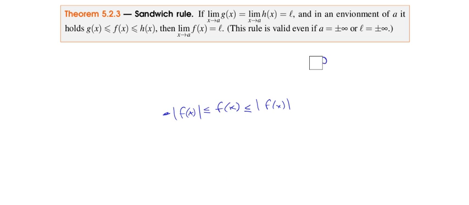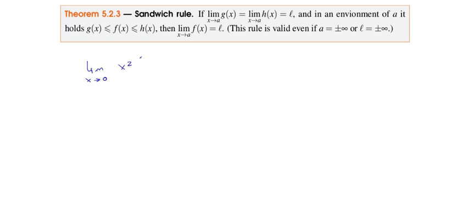Now, let us see a couple of examples of this. We have the limit, when x goes to 0, of x squared times the sine of 1 over x. Now we can't apply the algebraic properties that we have just seen, because the sine of 1 over x doesn't have a limit when x goes to 0.